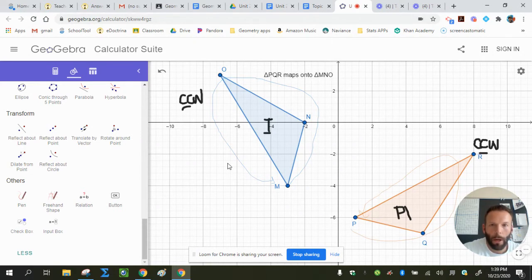I can map one of the points of the pre-image onto its corresponding point in the image, and I have a choice. I can put P onto M, or Q onto N, or R onto O. Now, I think P and M are the closest points, so I'm going to map point P onto point M.